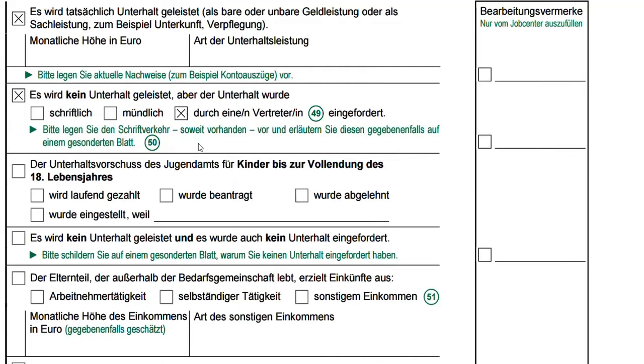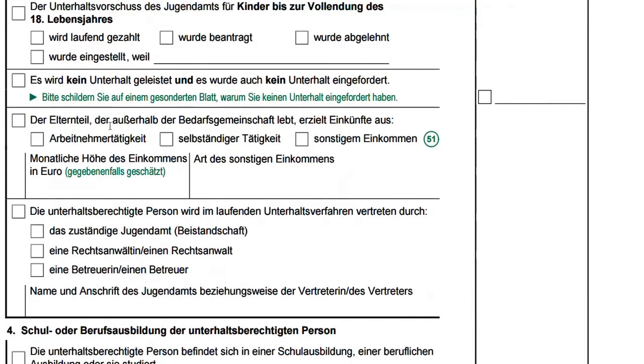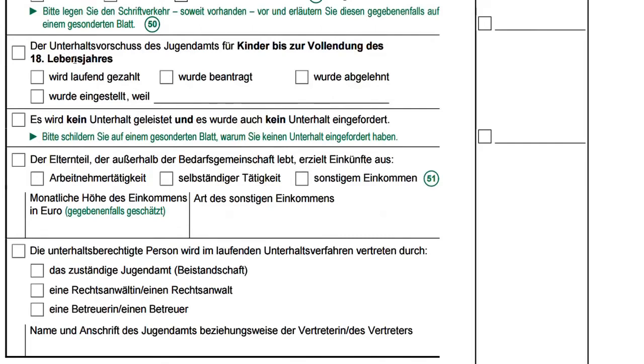If this person is getting Unterhaltsvorschuss from Jugendamt or Youth Welfare Office, which is paid for children until the completion of 18 years of age, you mark here with a cross. If this Unterhaltsvorschuss is being paid on an ongoing basis, you mark here with a cross.